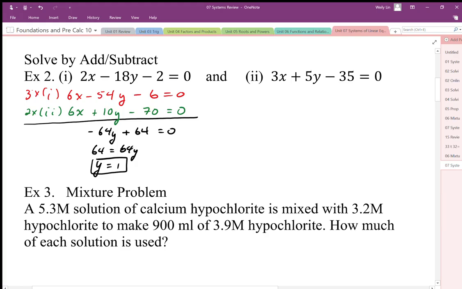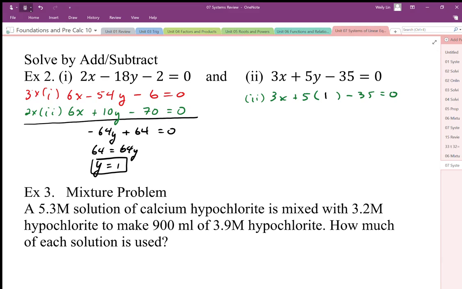Okay, and then to solve for x, I can substitute into either equation. I'm going to substitute into equation 2. So in equation 2, I will substitute for y and solve for x. So I end up with 5 times y, where y is equal to 1.